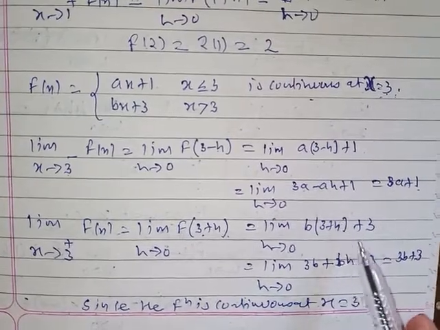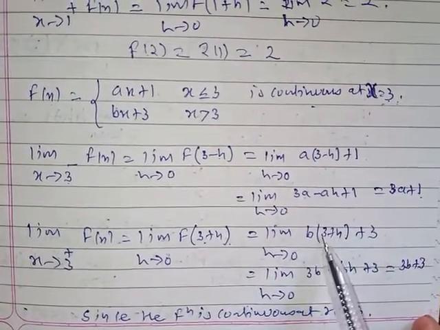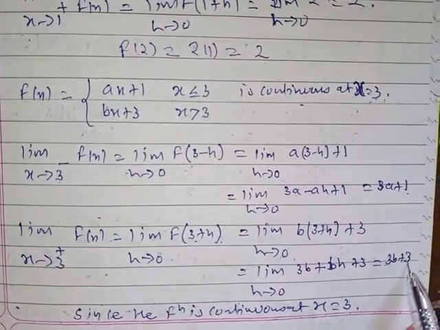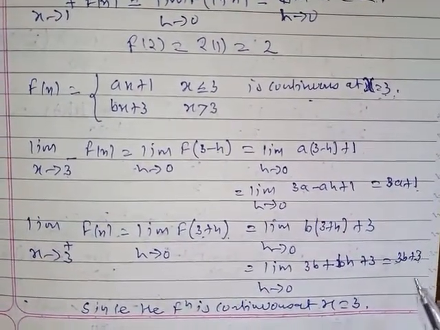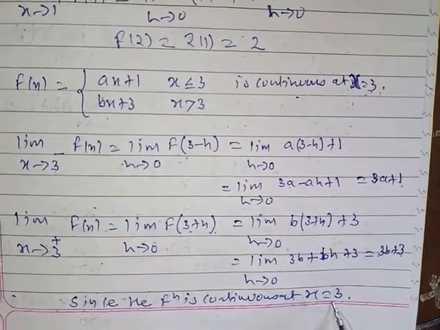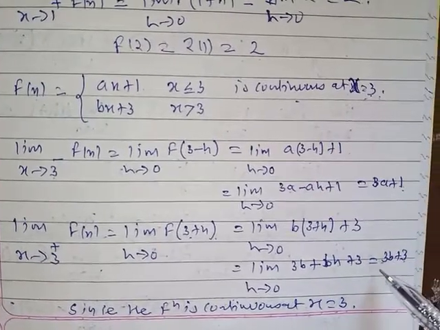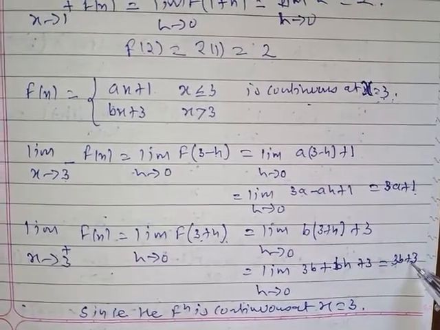If you substitute h is equal to 0, you will get 3b plus 3. Since the function is continuous at x is equal to 3, 3a plus 1 will be equal to 3b plus 3.